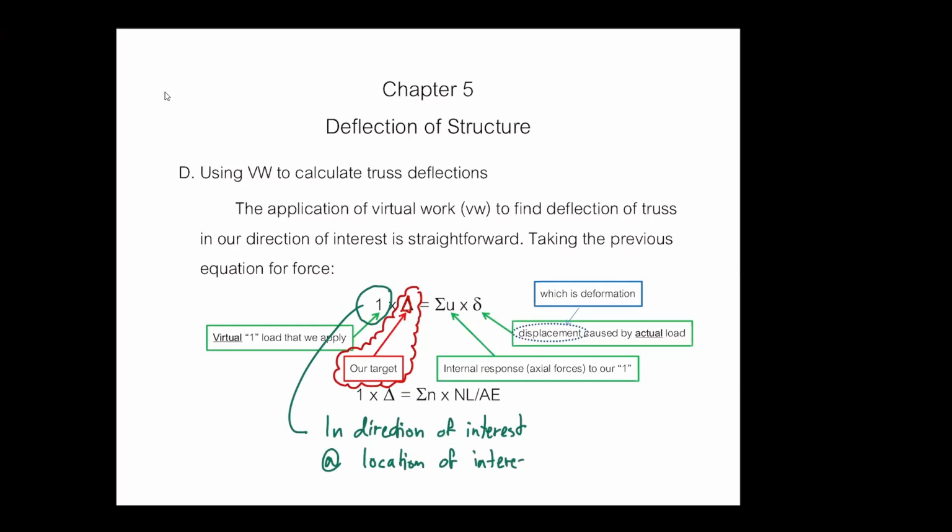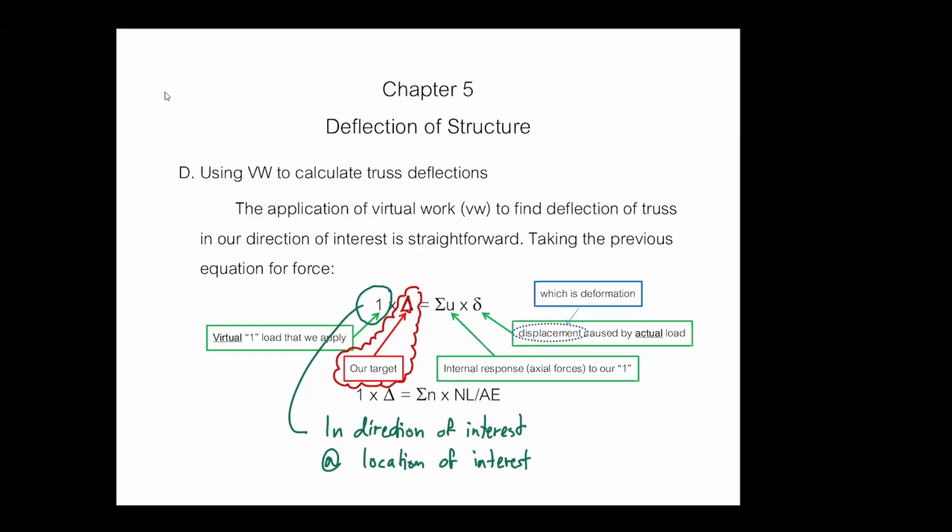So these two things go together all the time. When somebody does not have a clear picture of the virtual work, they will just start off by applying the unit load at the wrong location and the wrong direction.